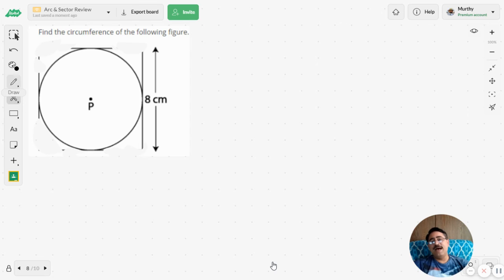I see that here diameter is given. Please notice that the total length from here to here is given, so this is indicating the diameter. Always write the details.